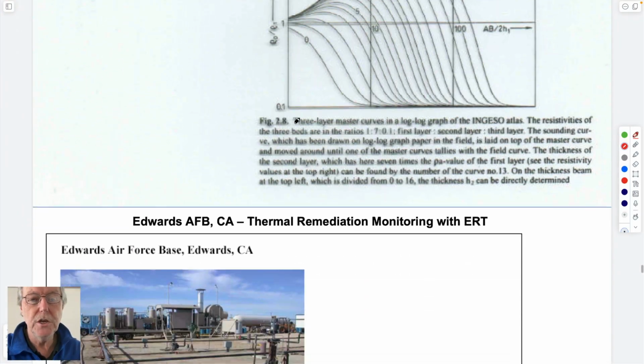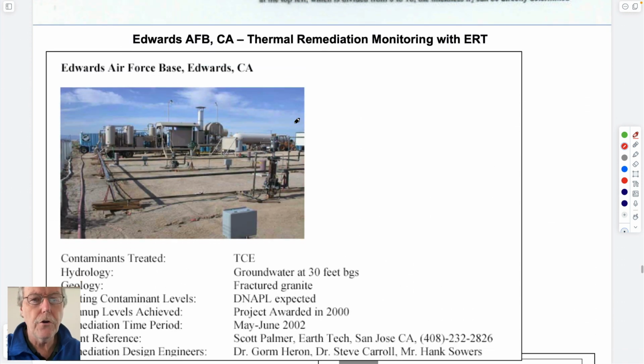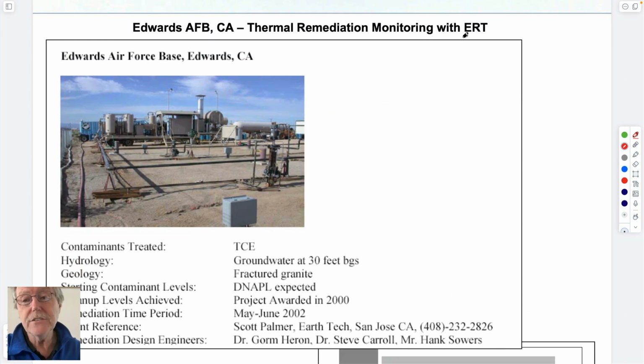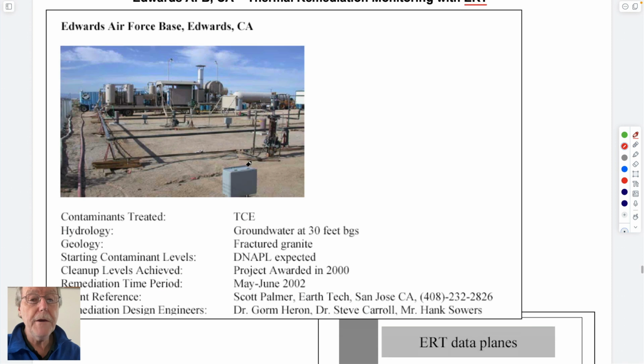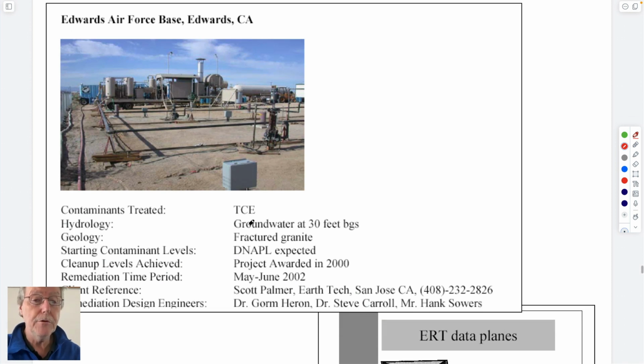So, geoelectric methods. The other way it's also used is for so-called electrical resistance tomography. And so this is Edwards Air Force Base. Don't they land the shuttle there? Didn't they land the shuttle there? I guess no more. In California with a long runway. This is a cleanup of a DNAPL contaminated site.